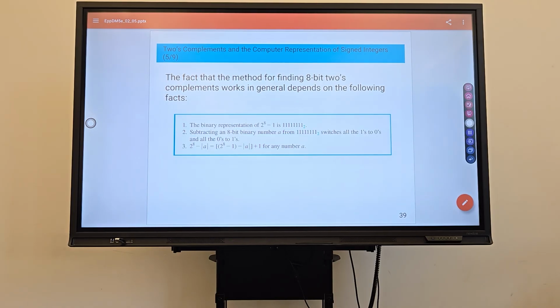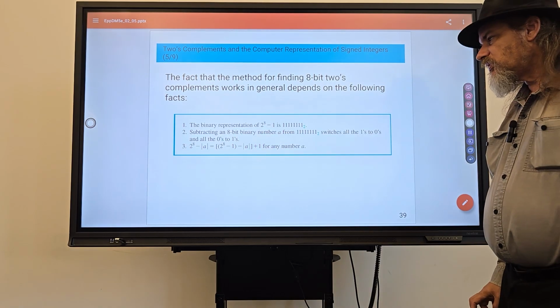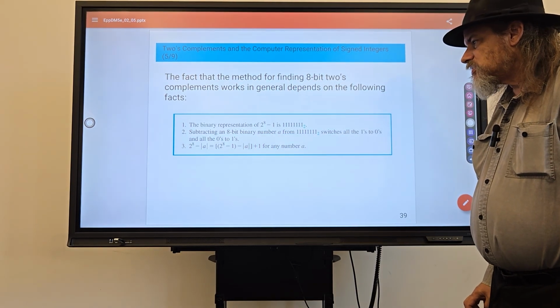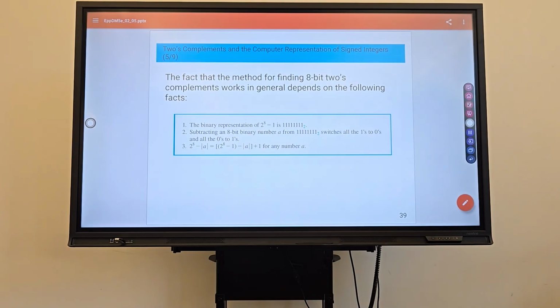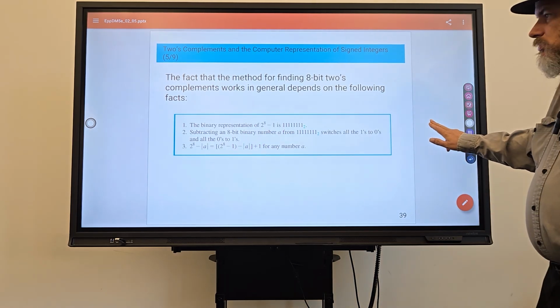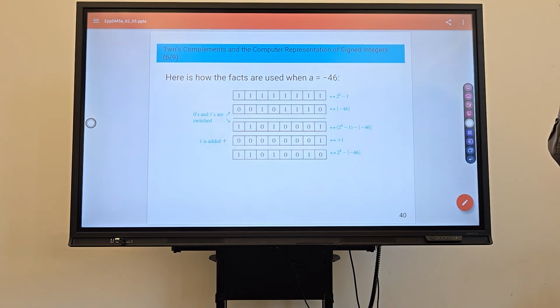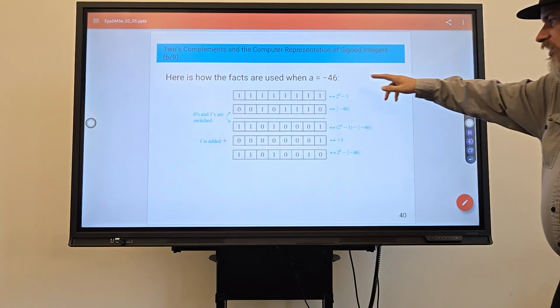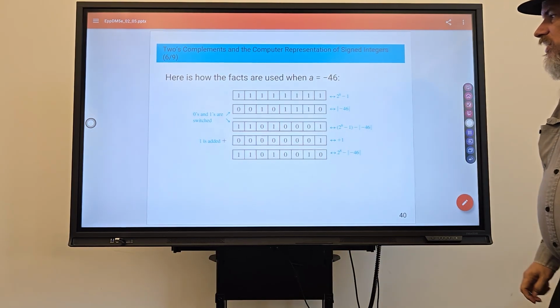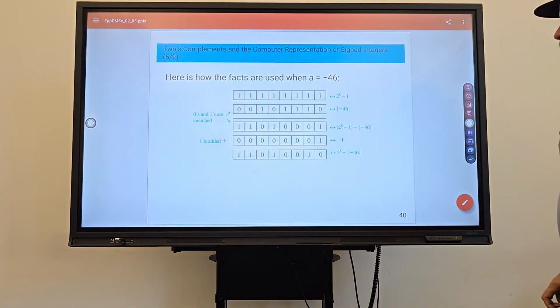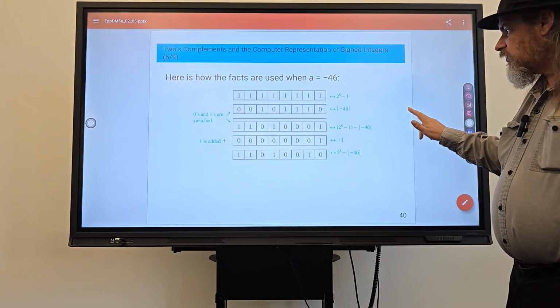Thus, 2 to the 8th minus the absolute value of A is equal to 2 to the 8th minus 1 minus the absolute value of A, plus 1, for any number A. So it goes through the process of switching and subtracting and all that stuff.